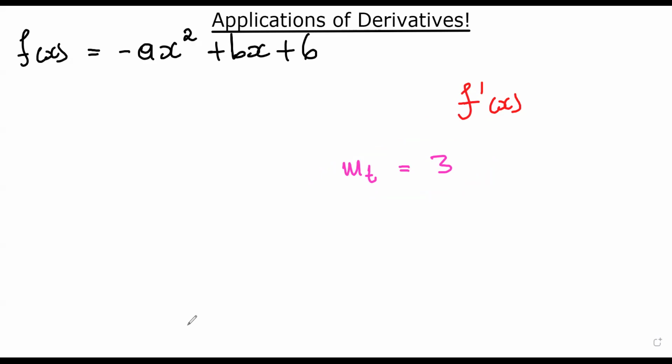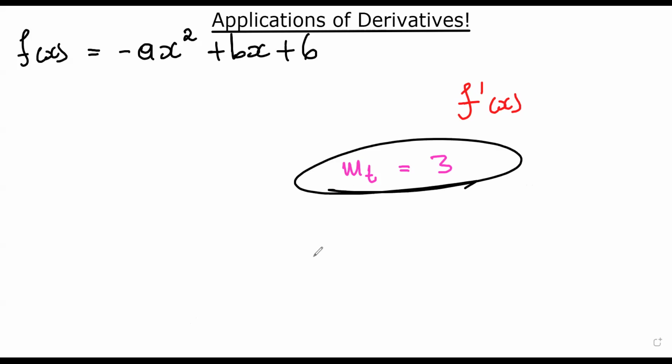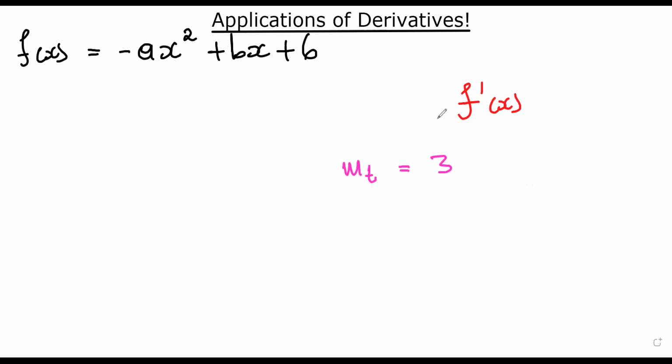The third name is the gradient of the function itself at any point. And of course, we also know that it's the instantaneous rate of change, but that one is not really applicable in this case. So we are given the gradient of a tangent, and now we understand that the derivative of a function is actually the gradient of the tangent. So it means our f'(x) is equal to 3. That's the knowledge we are going to use.